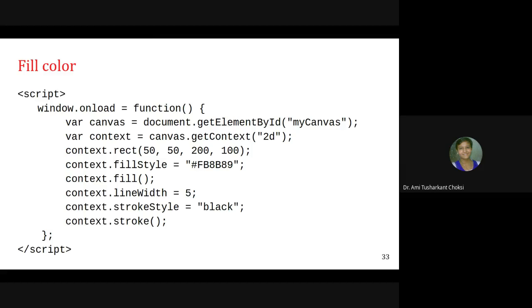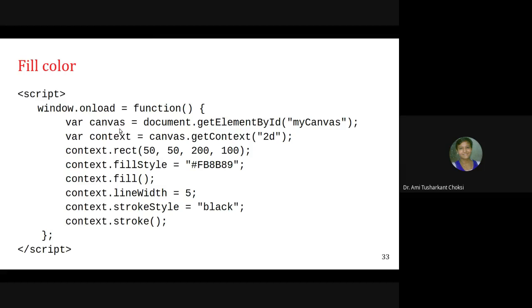So, how to do that? For that, let us have the rectangle. Will we be able to fill in the arc? No, we can fill the color only when we are having a bounded shape. That means a closed shape, then only we can fill. That is known to us, isn't it?